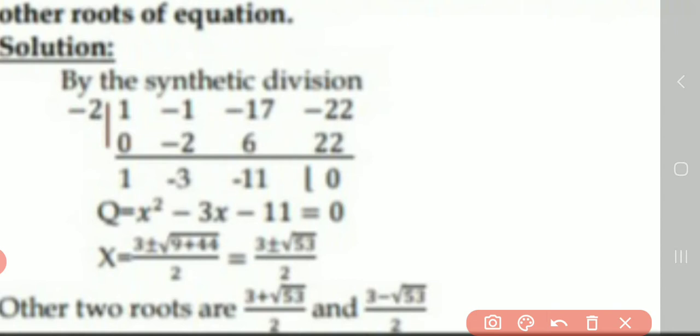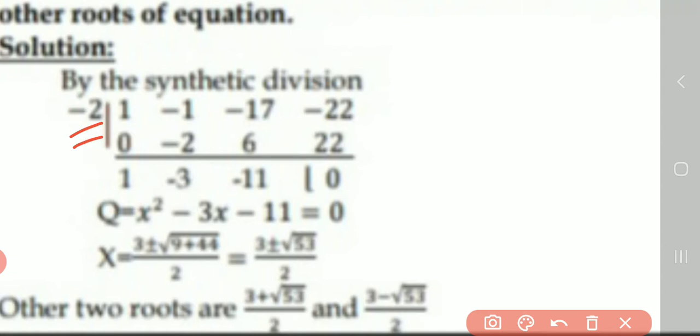First, I want to write all the coefficients of the given polynomial. So 1, −1, −17 and −22 are the coefficients. And here it's given −2 is the root of the equation, so I put this −2 and divide by it.